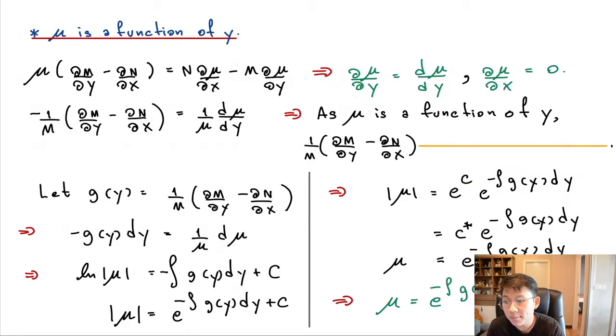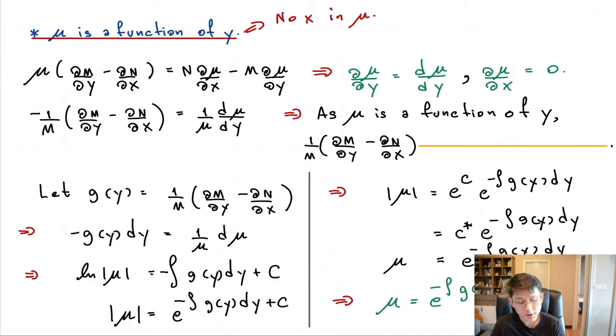We don't need the partial derivative anymore because mu is a function of y, which means that there's no x in mu, right? If there's no x in mu, the partial derivative of mu with respect to y is the same as d mu by dy. And of course, as there is no x in mu, the partial derivative of mu by x is 0, okay, because y is considered as a constant.